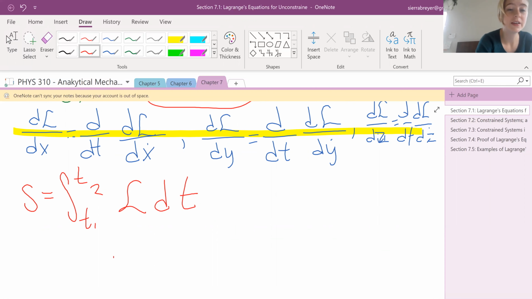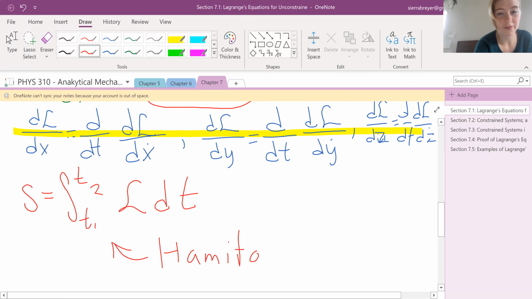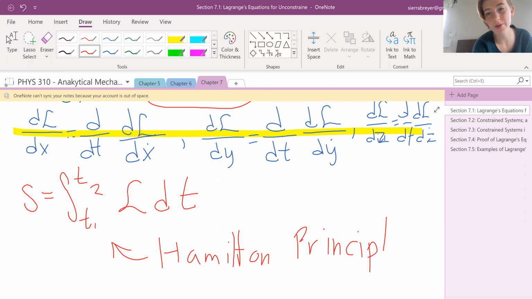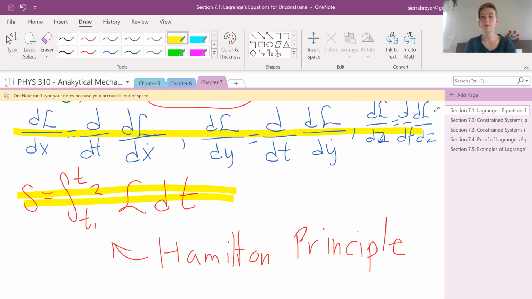And what that means is some dude claimed, his name was Hamilton, and he was like, this is my principle. So it doesn't really show us anything we didn't do in the previous chapter. We just now have its name. It's still noteworthy. It's one of the important equations in the chapter.